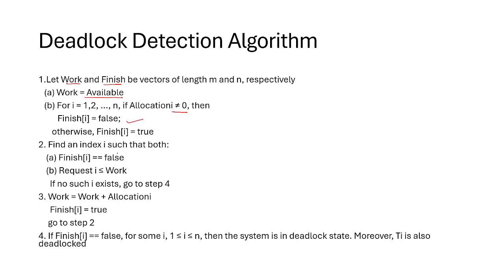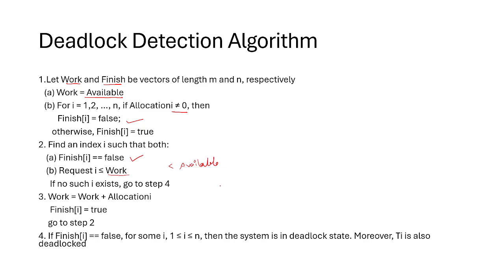Then find an index i such that Finish[i] is equal to false, meaning the thread is not completing its execution and is requesting some resources, and the requested resources are less than the available resources, that is, Work, which is equal to Available. So Request is less than Work. It means that we find those threads, and we can allocate the resources to them.